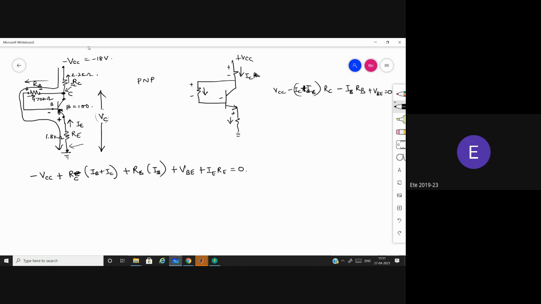What will happen when you take minus to plus? It will be plus, sir. All of you understood how we got this equation? Yes, sir. Okay.